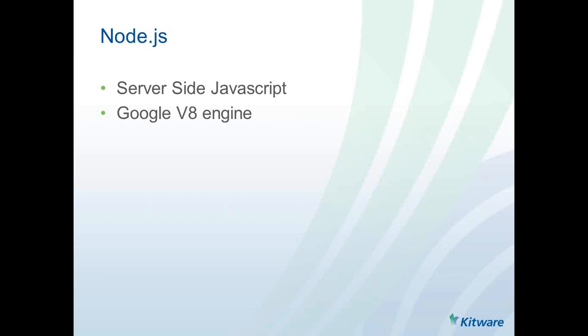Now, it's using the same Google V8 engine that the Chrome web browser uses, so it's a very high performance engine for JavaScript. One of the interesting features is that it performs asynchronous calls, meaning that it essentially has a very rapid event loop. Every time it calls a function to execute, it doesn't wait for that function to finish before it goes to the next instruction.